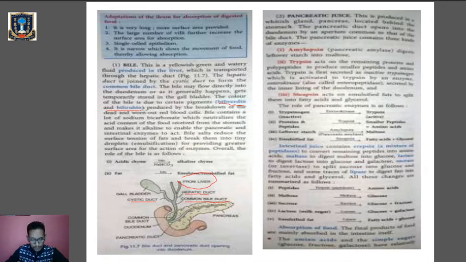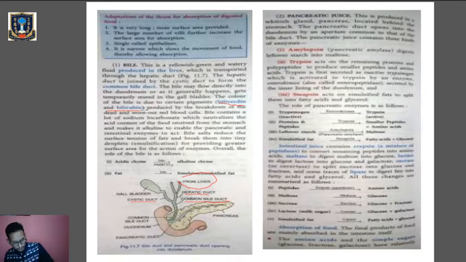Bile also contains a lot of sodium bicarbonate, and this will neutralize the acid content of the food from the stomach and make it alkaline, so that the pancreatic and the intestinal enzymes will act on the food. Then next, bile salts will reduce the surface tension of the fat and will break it down into tiny droplets, providing greater surface area for the enzymes.